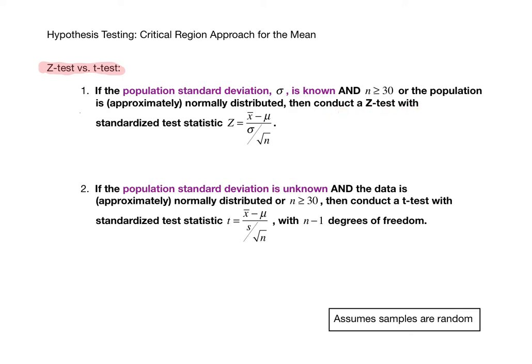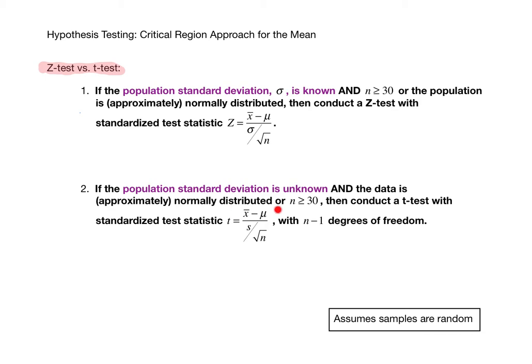And a z-test has a standardized test statistic of precisely this. z equals the difference of x bar and the hypothesized mean over the standard error, which is the population standard deviation divided by the square root of the sample size. Now, the other scenario, if the population standard deviation is unknown and the data is approximately normally distributed or n is greater than or equal to 30, then you're going to conduct a t-test.